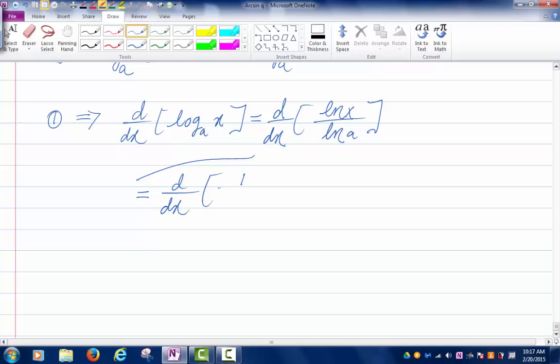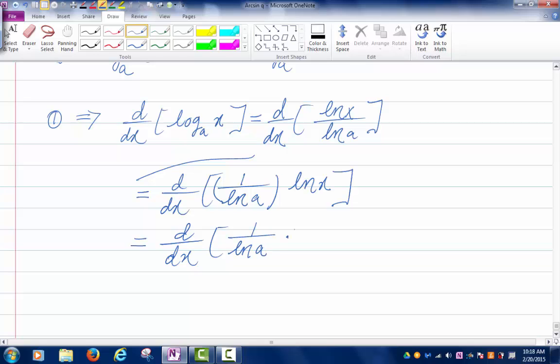You should think of this as 1 over ln of a times ln of x. And ln of a is fixed. a is fixed. It's a constant. So when you take the derivative, you get 1 over ln of a multiplied with the derivative of ln of x, which is 1 over x.